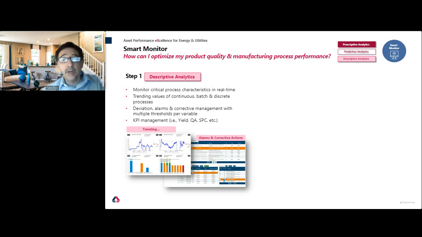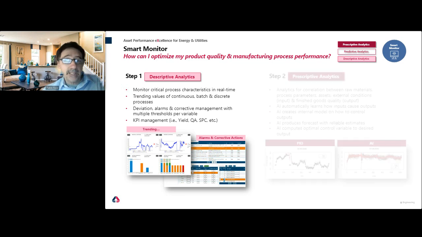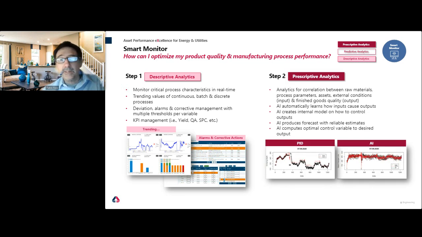So now on the base of this kind of data, the step 2 is now start to understand how to apply a prescriptive analytics.